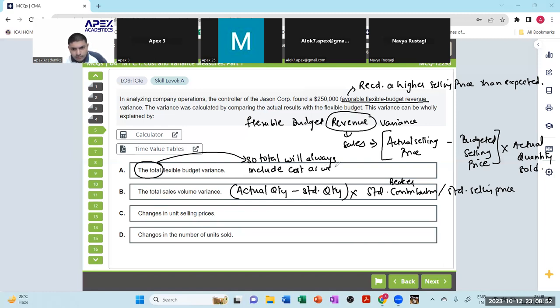So total will always include cost as well as revenue numbers. Are you understanding this? Yes or no? Please tell me that. Yes, sir. Right? Changes in number of units sold. Number of units sold will impact volume.